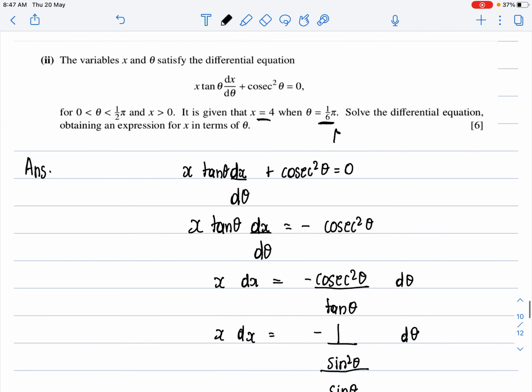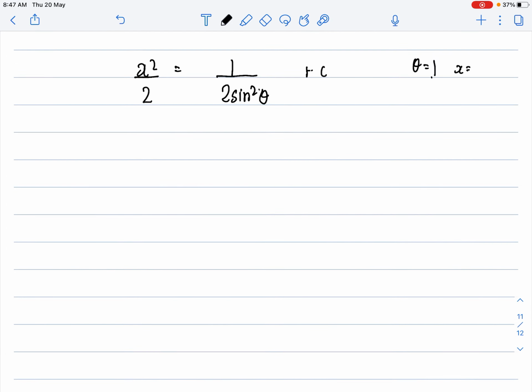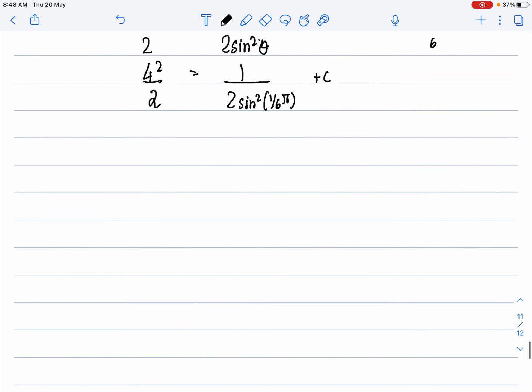Theta is 1 over 6 pi and x is 4. So I can substitute here: 4 square over 2 equals 1 over 2 sine square 1 over 6 pi plus c. I'm finding c here.